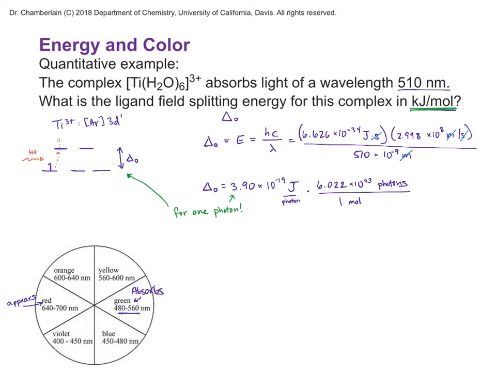And so that would give me now my energy in joules per mole. And I get 2.35 times 10 to the 5.